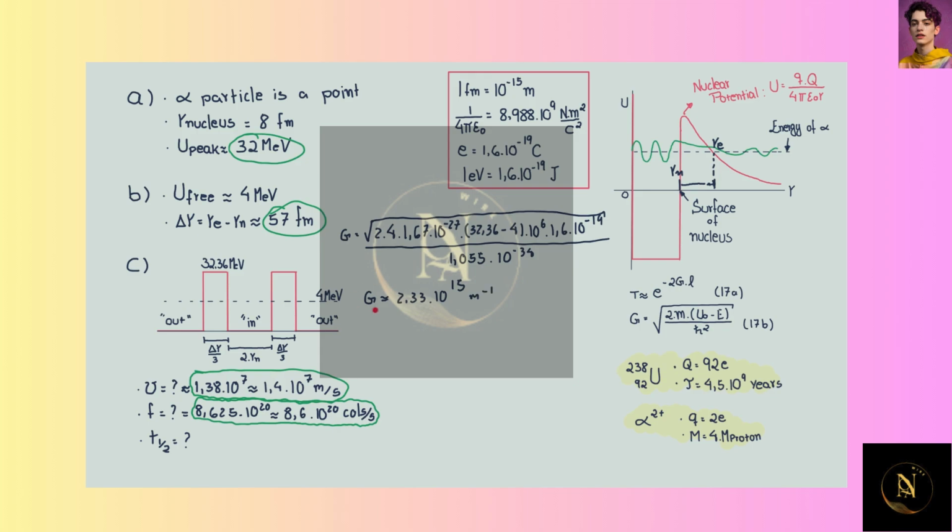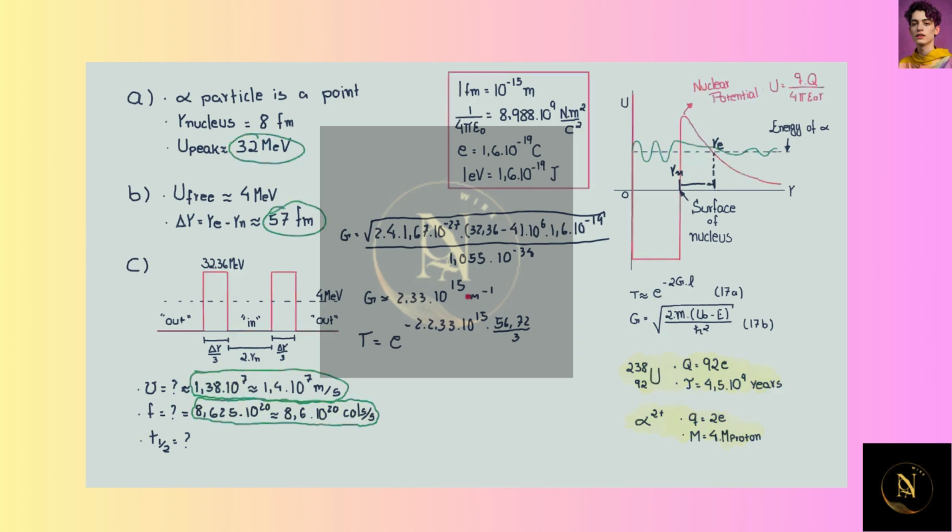Now that we have the value of g, we are ready to evaluate the tunneling probability t. It goes as follows. The tunneling probability t is given by the exponential of minus 2 times the value of g, which is 2.33 times 10 to the 15, times the width of that barrier, which is delta r, or more precisely 56.72 femtometers divided by 3.